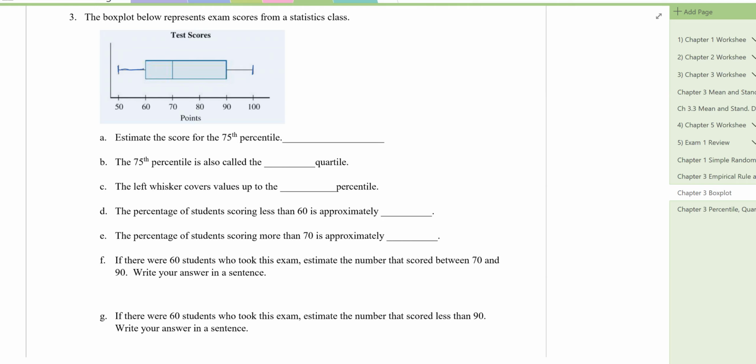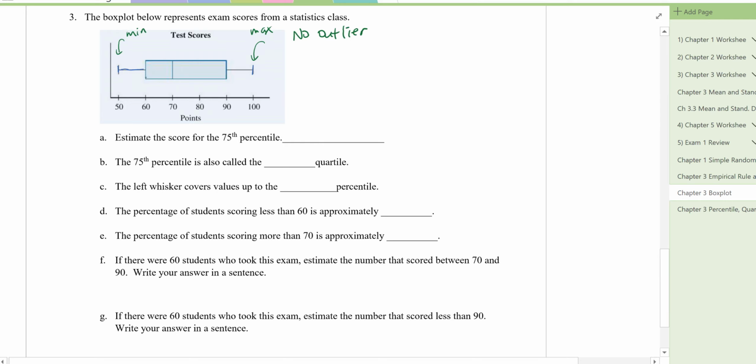Estimated score for the 75th percentile. Again, reminder, the box plot is divided into Q1, Q2, Q3, minimum, maximum. If a box plot has no outlier, then this point over here is the maximum data point, and this point over here is the minimum data point.